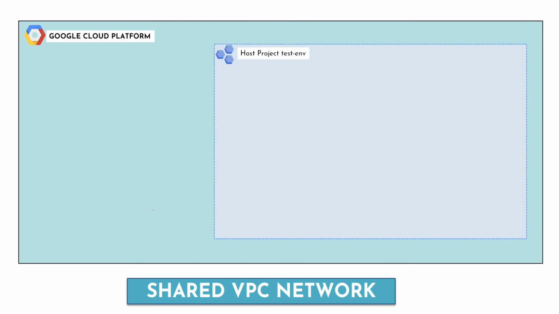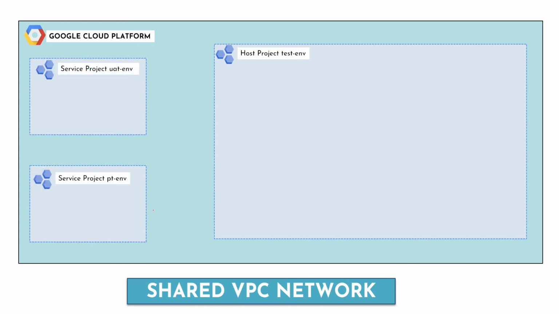Let's have a look at another important concept, which is shared VPC network. When you use shared VPC, you designate a project as a host project. Let's name it test-env, and attach one or more service projects to it. So UAT-env and performance test-env, these two are our service projects.